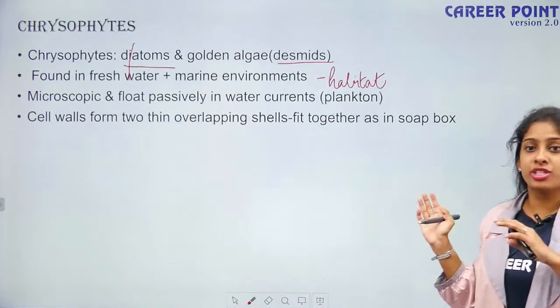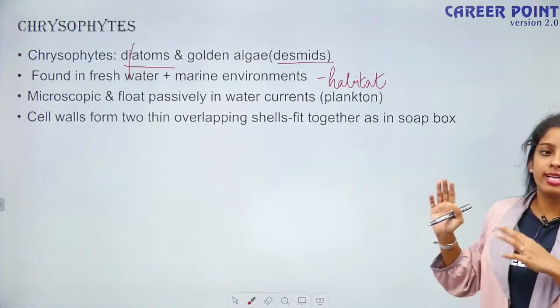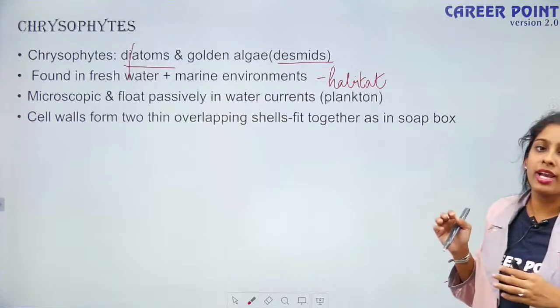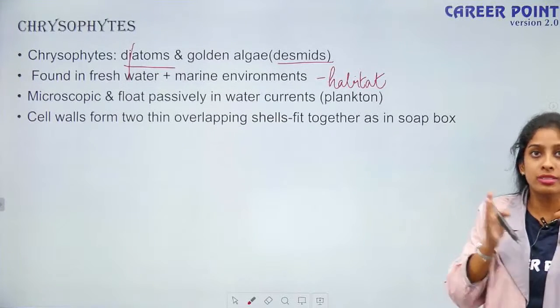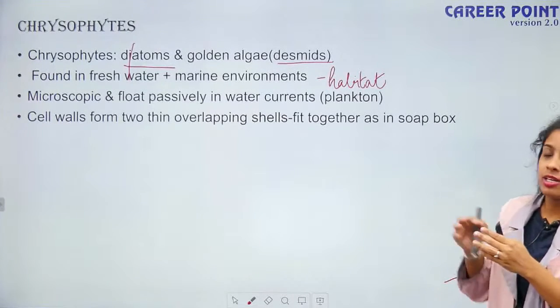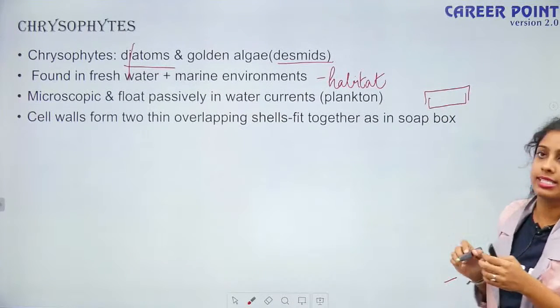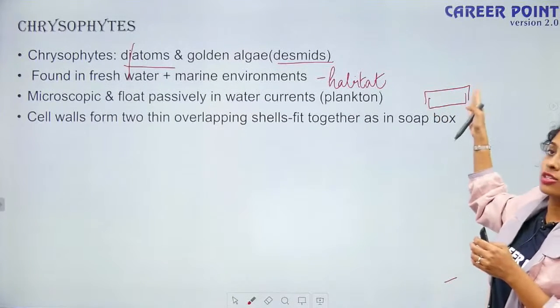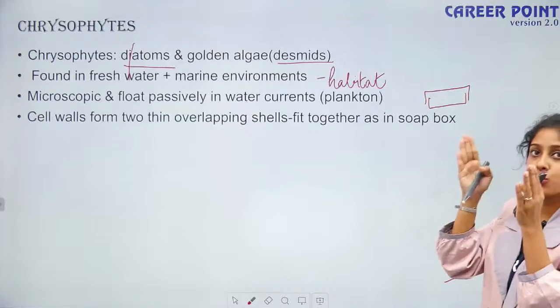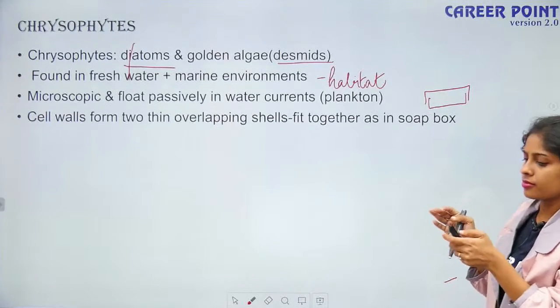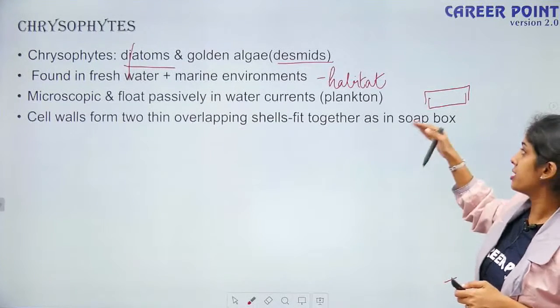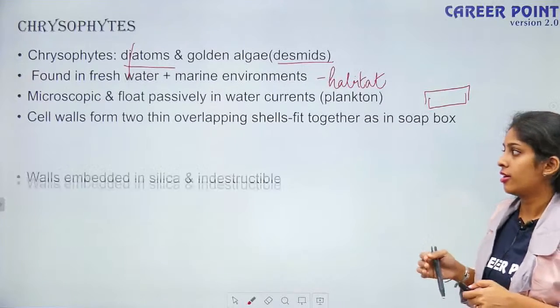Now, this is the most important point when I talk about diatoms. The cell walls form two thin overlapping shells, so it is kind of a soapbox-like structure, something like this. That is why it is called a diatom. It is made up of two cell walls, overlapping, and it resembles a soapbox.